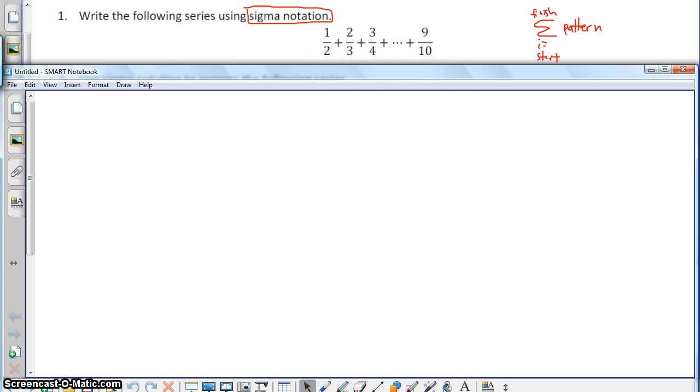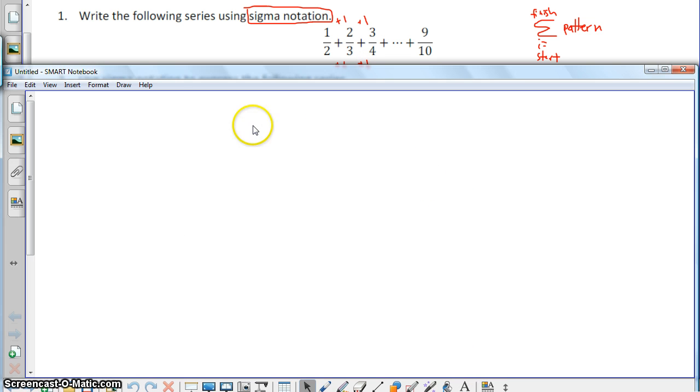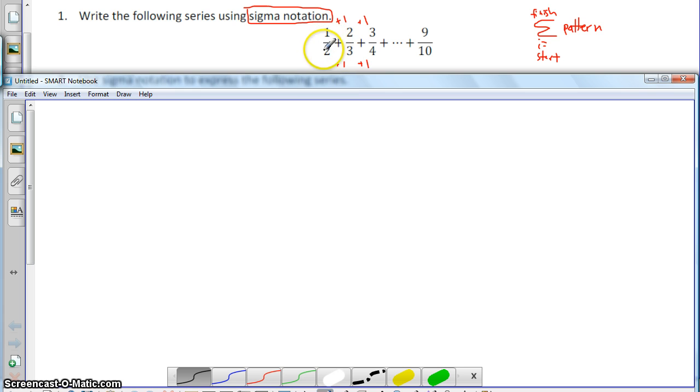The easy pattern to see is that on top you're just adding 1 every time, and on the bottom you're also just adding 1 every time. So a pattern like this is easier if you break up the top and the bottom, since you know the pattern on top and on the bottom pretty well.